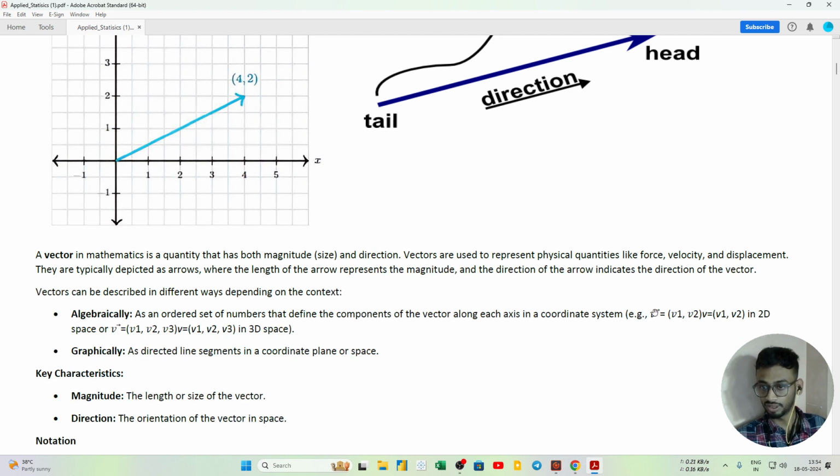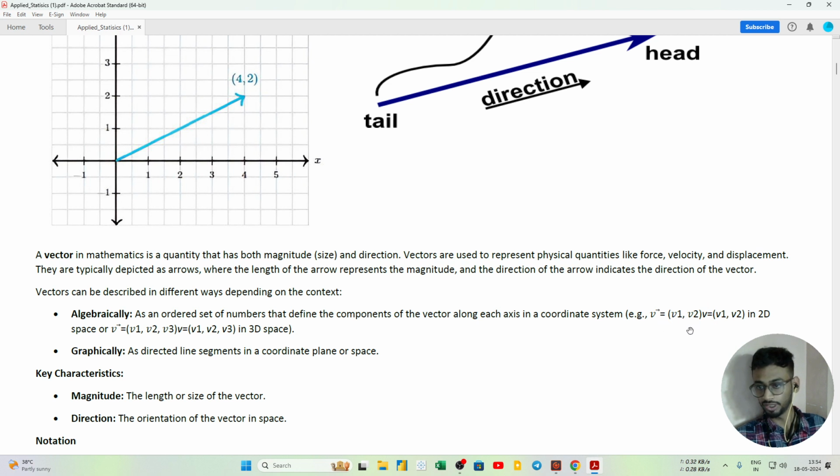For example, v equals (v1, v2) in 2D space, and v equals (v1, v2, v3) in 3D space. So for the coordinate system, we can represent a vector in this way.